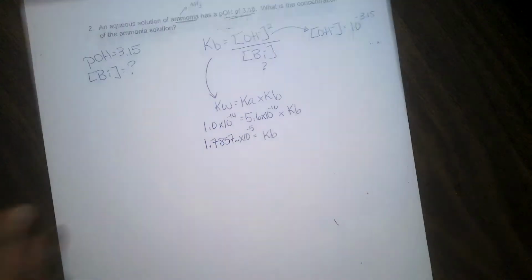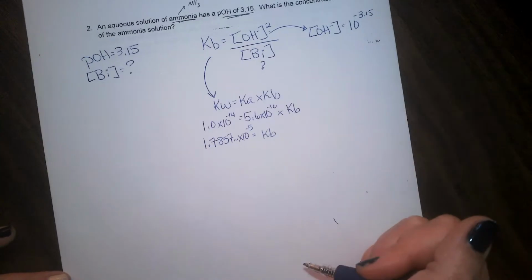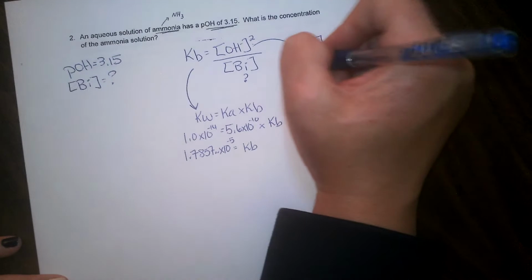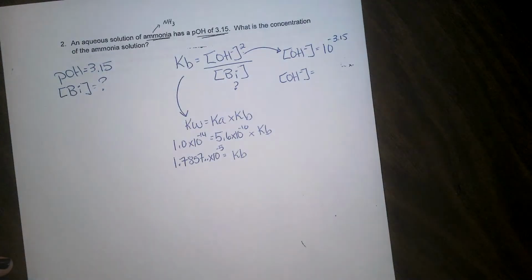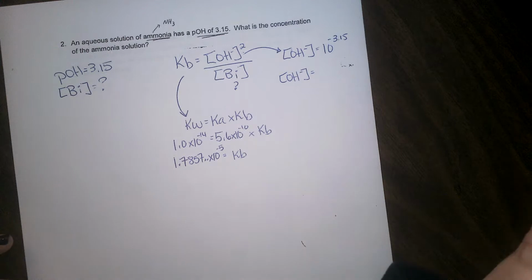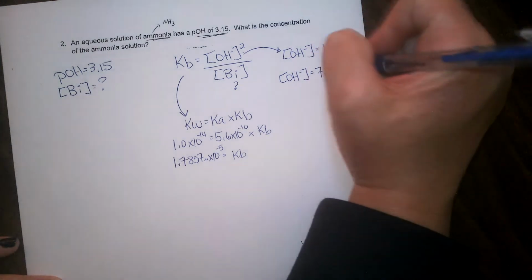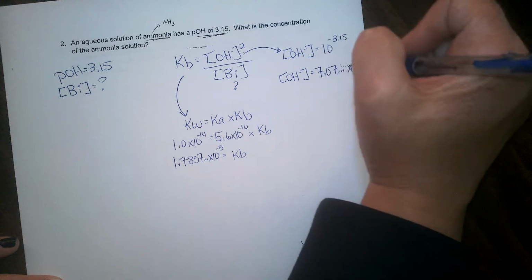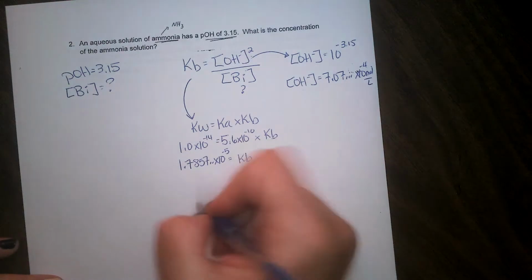Okay. Now that I have my Kb value, I can now solve for my, well, actually, let's get an OH value here first. What's 10 to the power of negative 3.15? Okay, now I can solve for Bi.